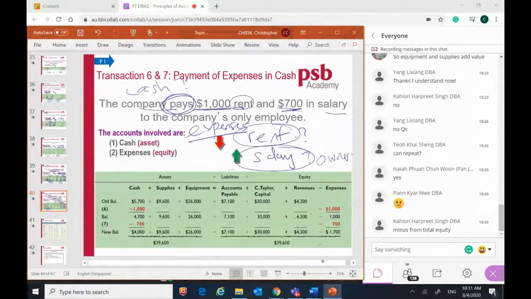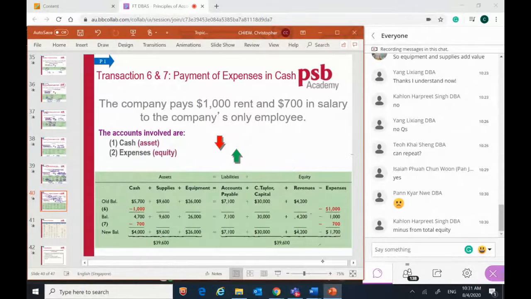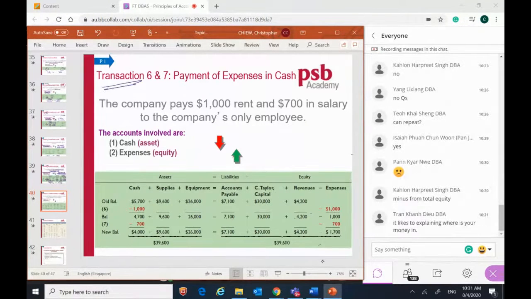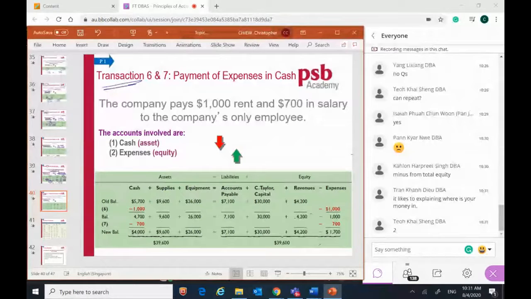All right. So I want you to notice something. Okay. So let's summarize what we have learned. Now, do you notice something? For every transaction, there's how many effects? Very good. There are two effects.